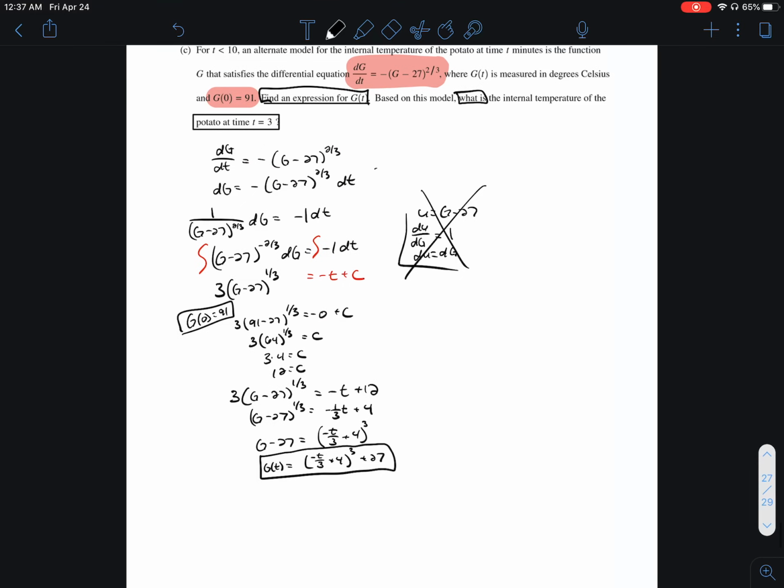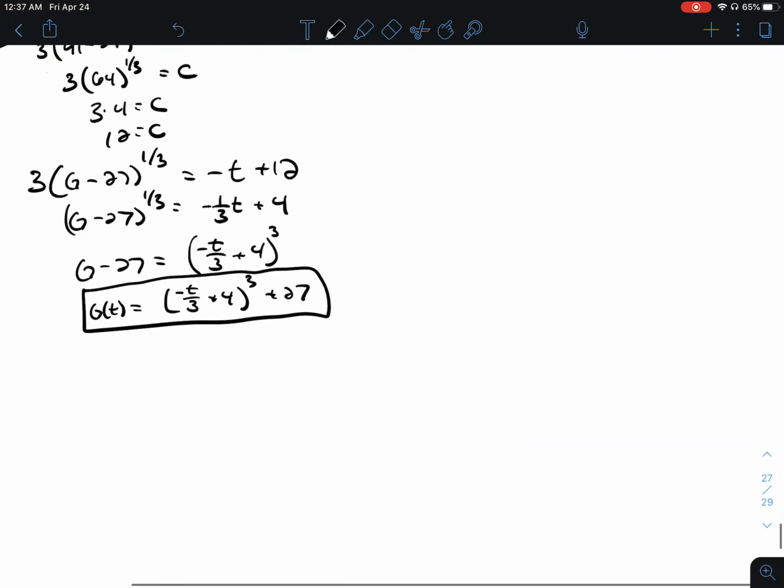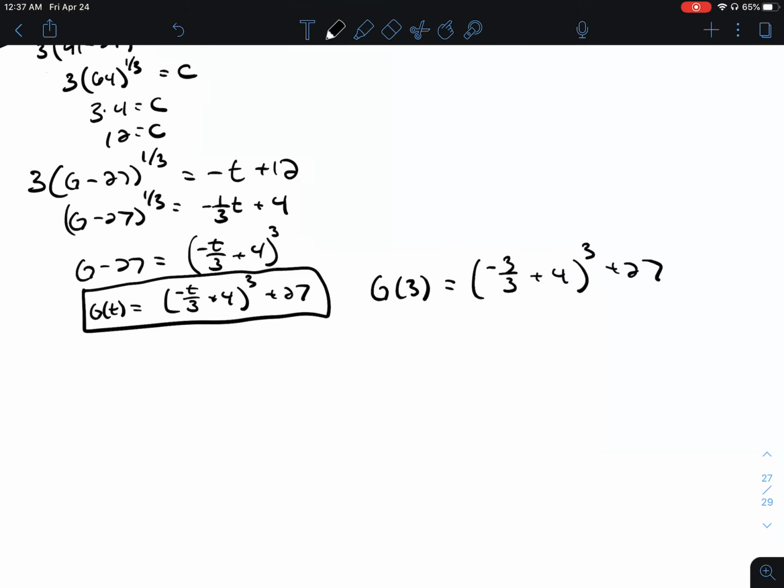And then the second part is, what is the internal temperature of the potato at time t equals 3? So I got to put a 3 in here. Now, it's been said a billion times.